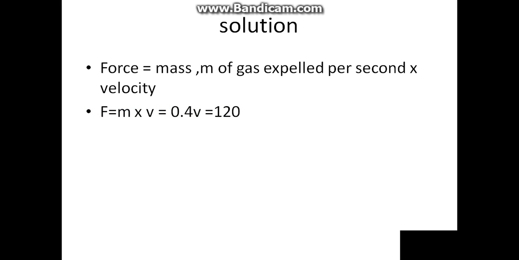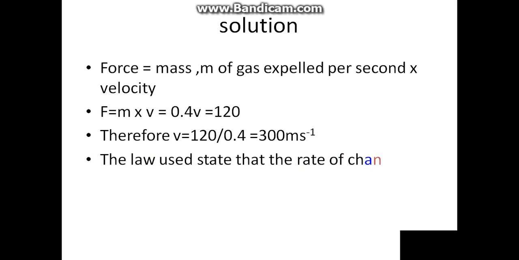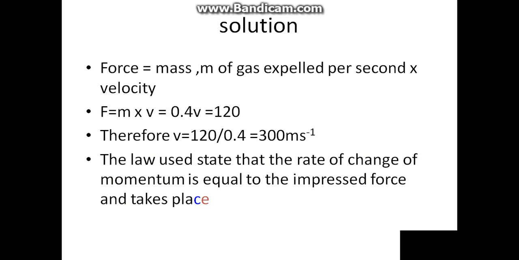Force F is equal to mv, which is equal to 0.4 times v, which is equal to 120. Therefore, v is equal to 120 over 0.4, which gives us 300 meters per second. The law used states that the rate of change of momentum is equal to the impressed force and takes place in the direction of the force.